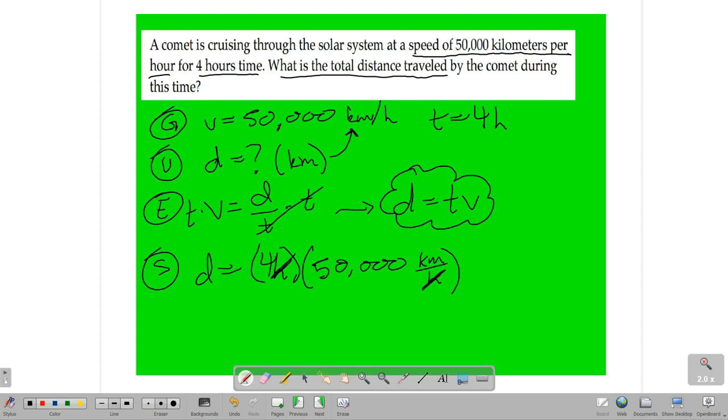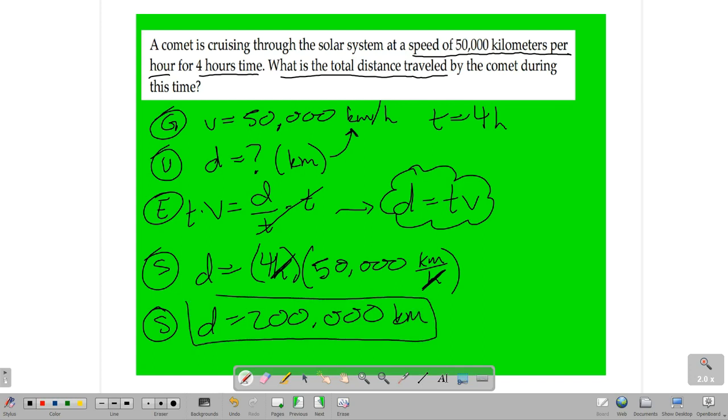And we're just going to be left with kilometers. So we're just going to multiply 50,000 times 4, and it should be 200,000 kilometers. All right. Go ahead and move on to the next page.